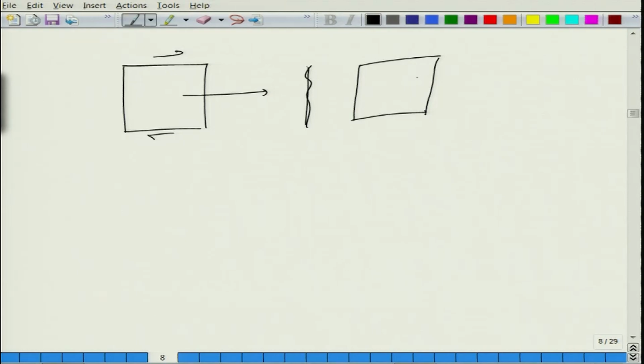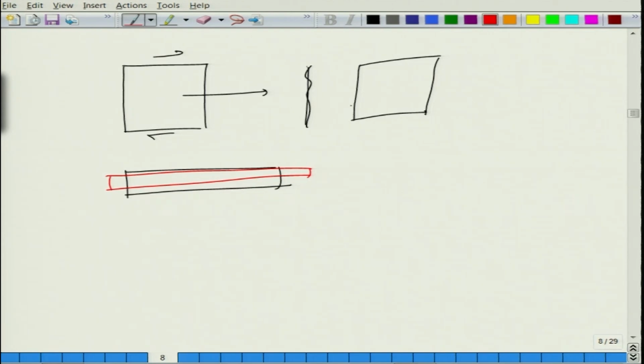Okay. So there could be change in shape. So for example, this becomes that. So basically you have change in shape that is permanent.